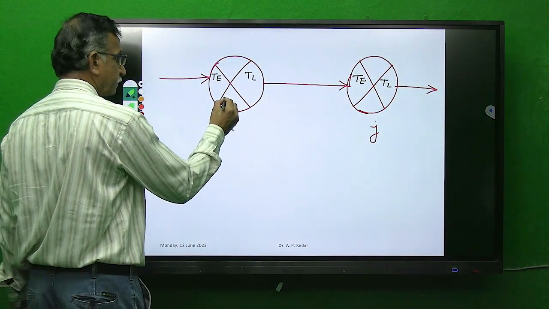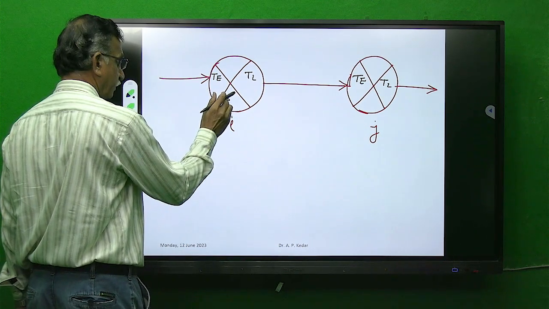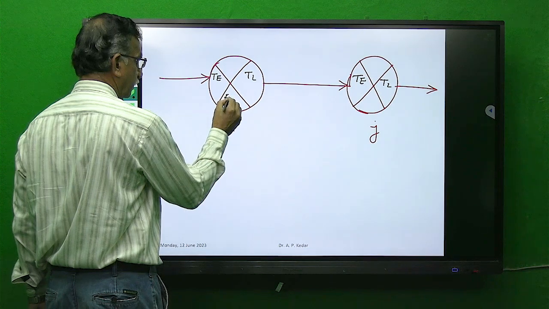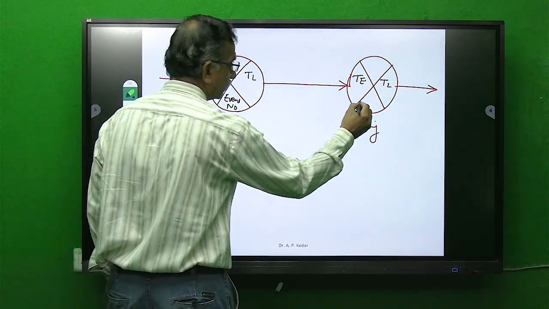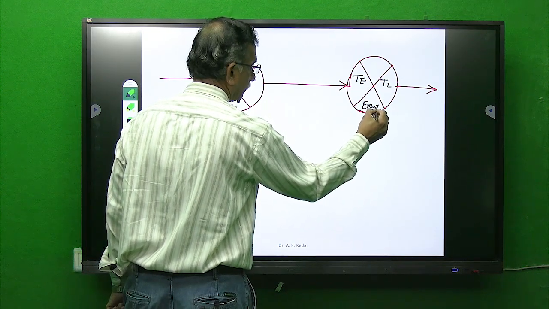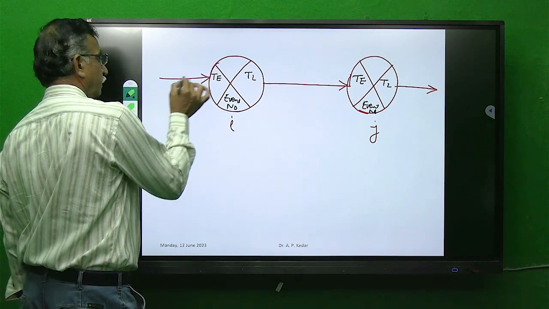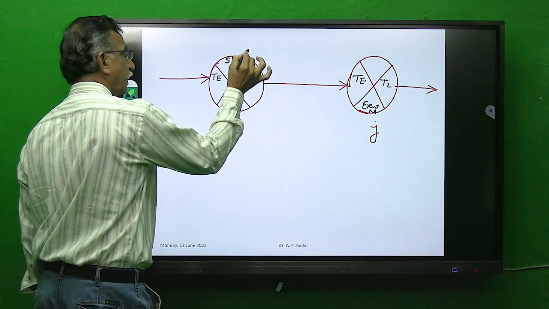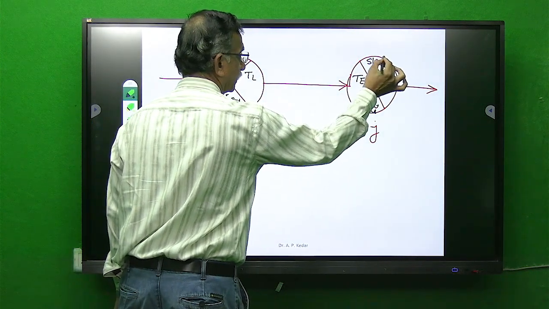Here we are writing the event number, here also the event number, and here we are writing the value of slack.